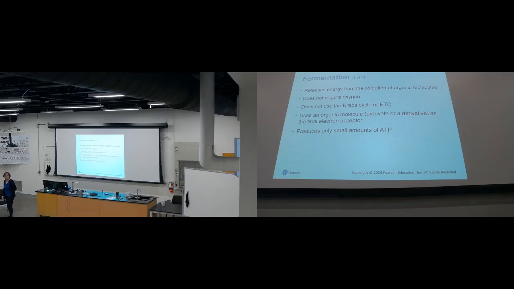Now let's talk about fermentation. So in fermentation, you have the release of energy from oxidation of organic molecules. This one doesn't require oxygen and does not use oxidative phosphorylation from the electron transport chain. It doesn't use the Krebs cycle.